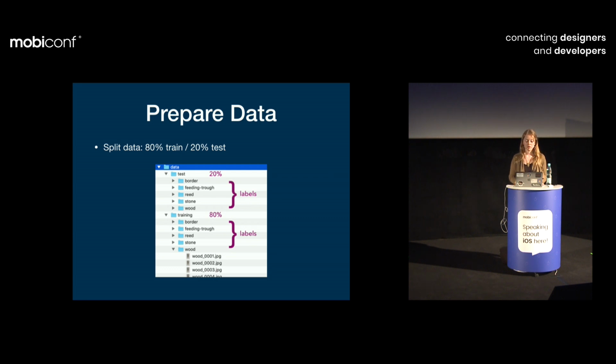And then you're going to have folders for each of the categories of what you're trying to predict. You can see for the training data set, we have a border, which is one of the pieces, a feeding trough, a reed, a stone, and a wood. We have the exact same subfolders for the test folder, and it's really important that the labels are consistent.